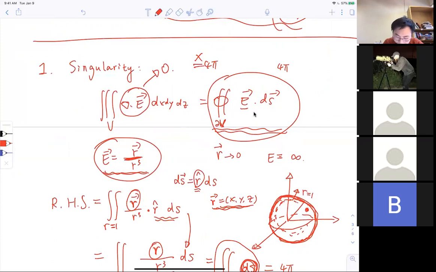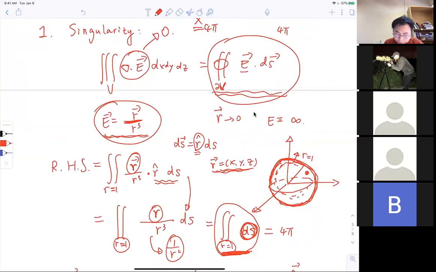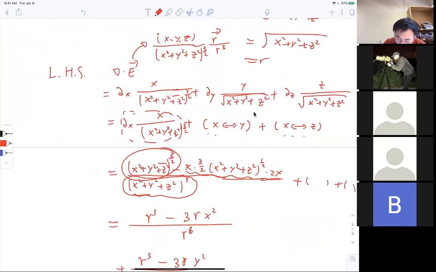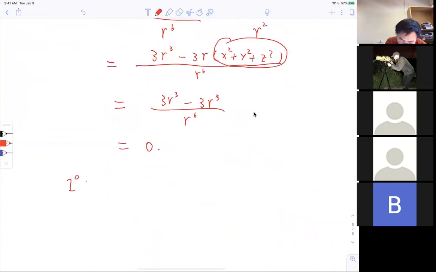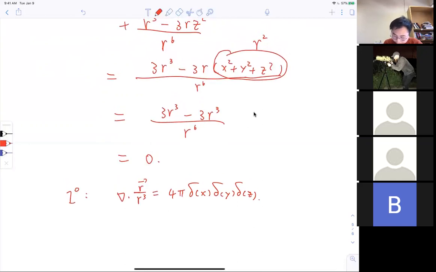By the way, from physics, there are 2 ways to fix it. One way, which I think is the more correct way, is to assume there's a delta charge at the origin of the coordinate.